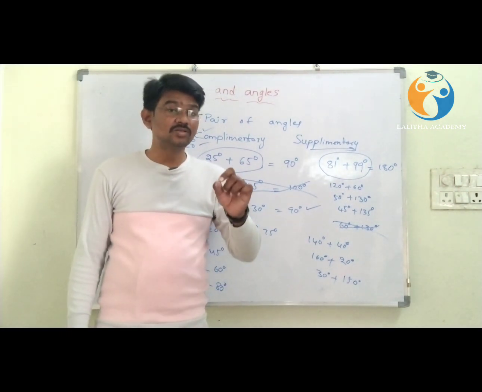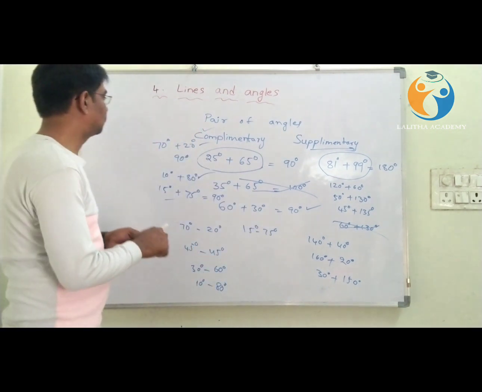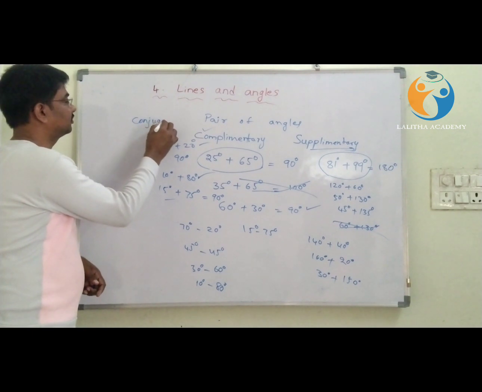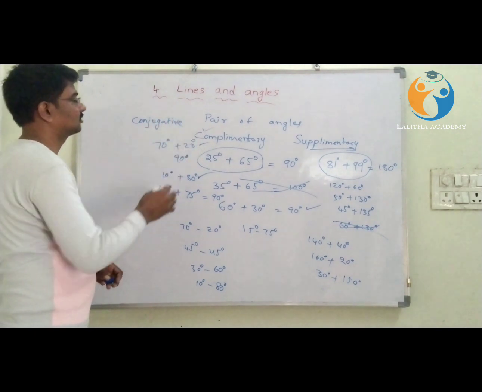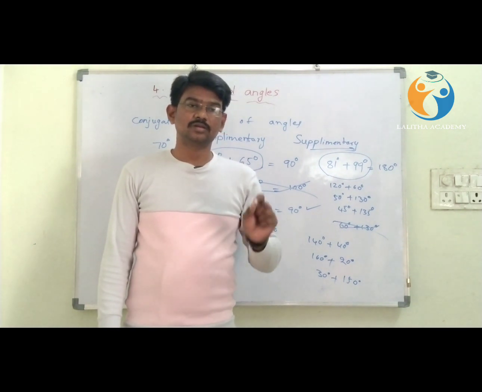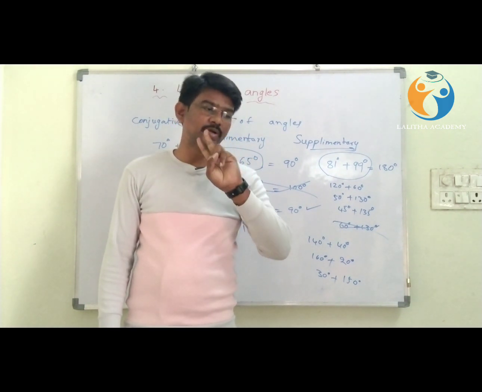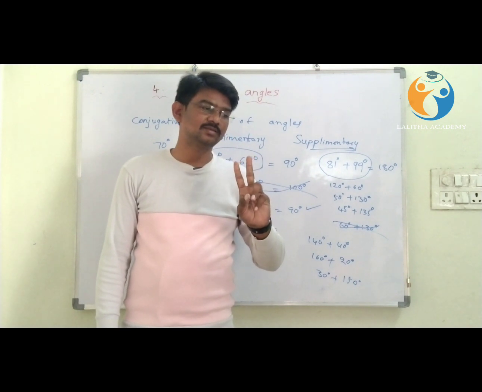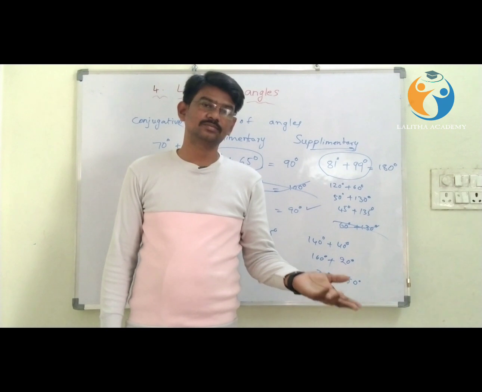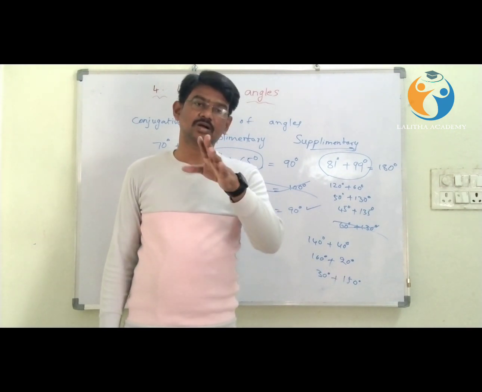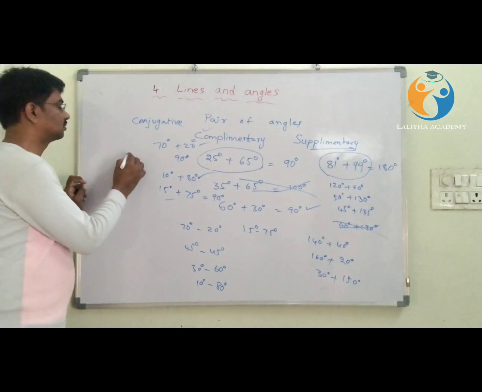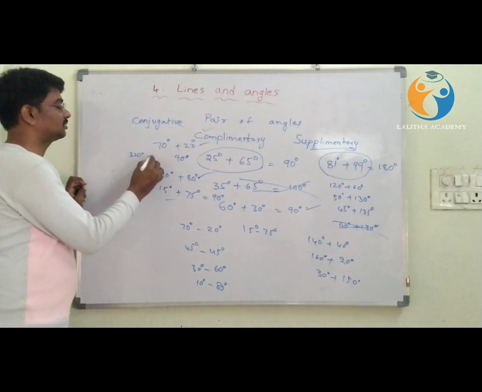One more is there, conjugative angles. Third one, conjugative angles. What are conjugative angles? If the sum of two angles, a pair of angles, is 360 degrees, that pair of angles is called conjugative angles. 320 degrees plus 40 degrees.